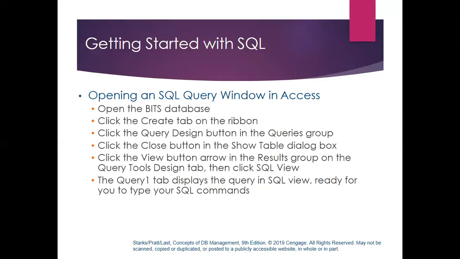Open the BITS database, click on the Create tab on the ribbon, click the Query Design button in the Queries group, click the Close button in the Show Table dialog box, click the View button arrow in the Results group on the Query Tools Design tab, then click SQL View. The Query 1 tab displays the query in SQL View, ready for you to type your SQL command.